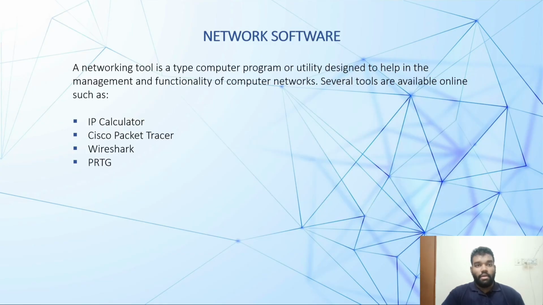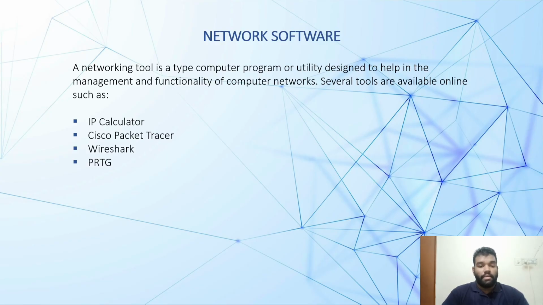Then we have network software. IP calculator. IP calculator is a software which can calculate IP address, subnet mask, IP address range, network address, and broadcast address. Cisco Packet Tracer.